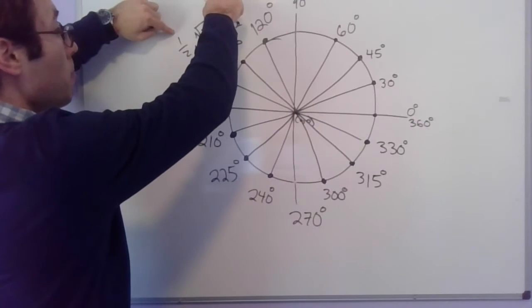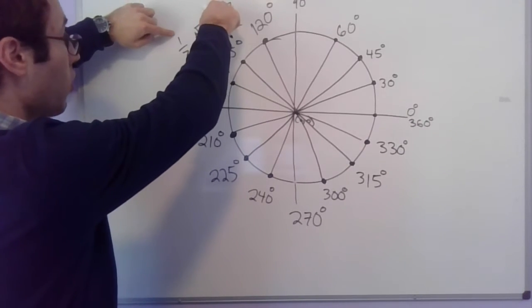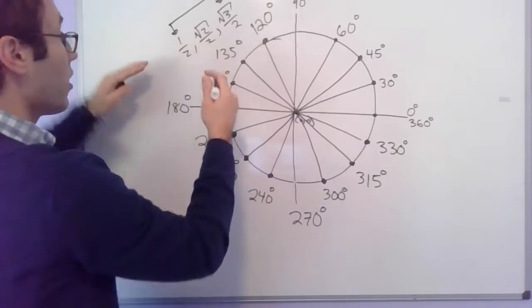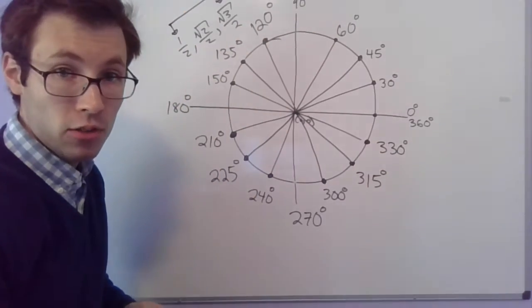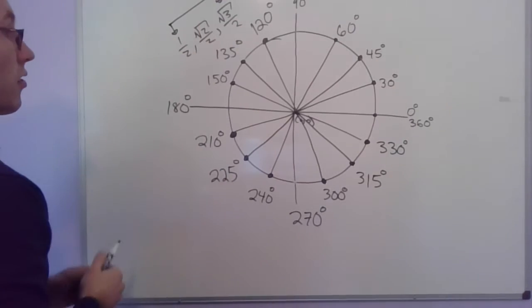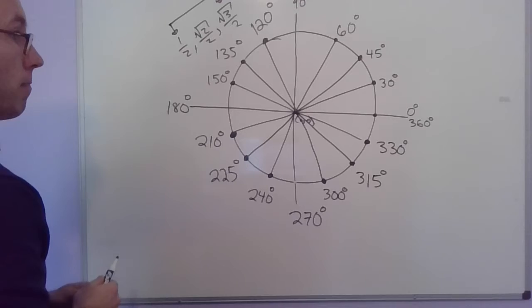These values come in pairs, so these go hand in hand with each other. So this value here and this value here, you're going to see a relationship between those two numbers right now. These are going to be in context to the 30, 60, 90 triangle.